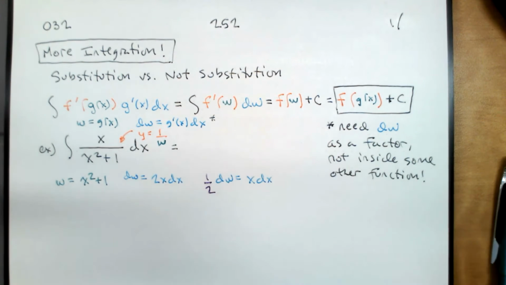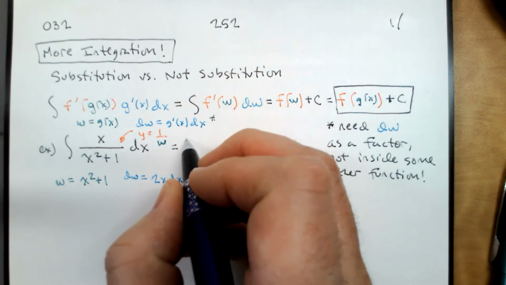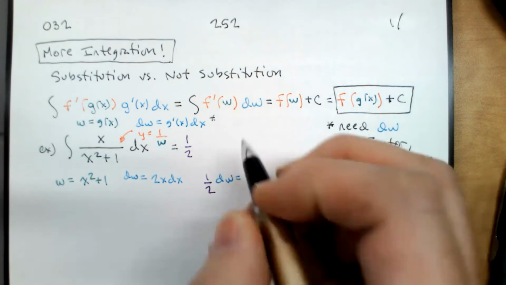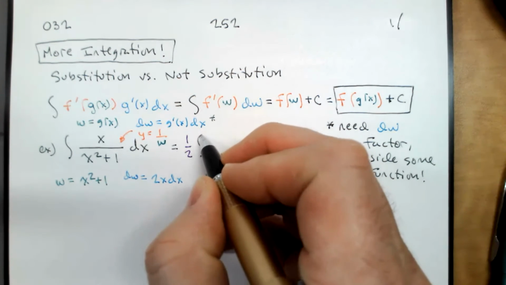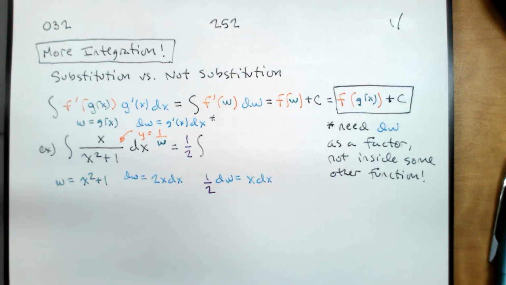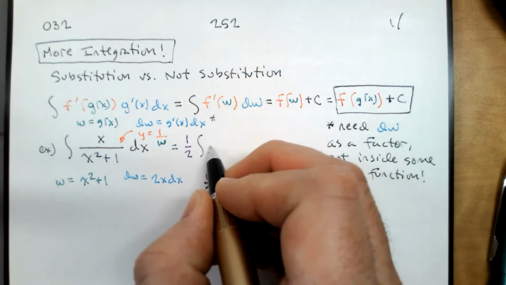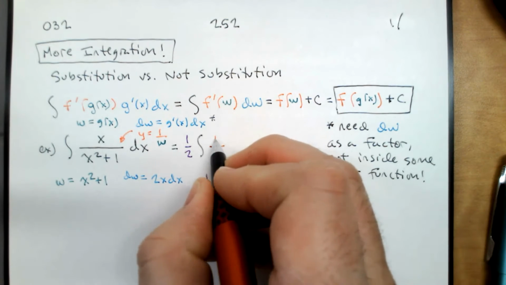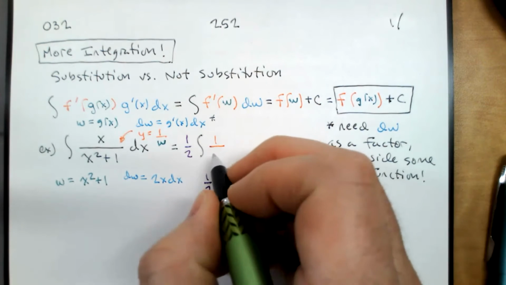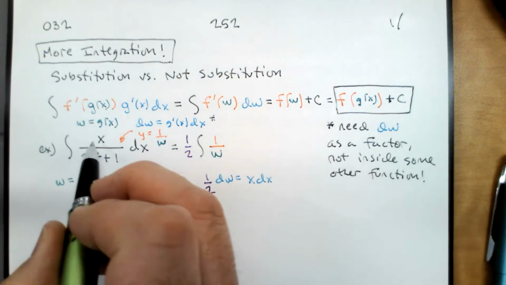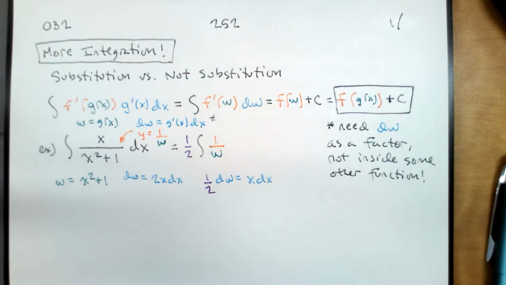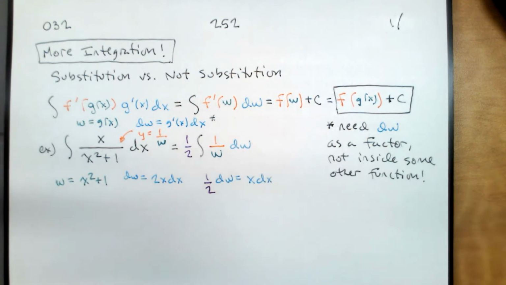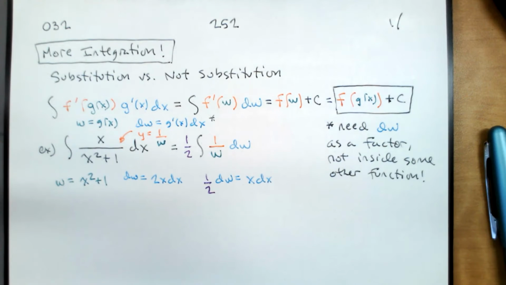So we can make our substitution. I'm going to factor my 1/2 out, as we do. And then our new integral: we're integrating the function 1 over w, and the x and the dx are all getting replaced with a 1/2 dw. So there's our substituted integral.